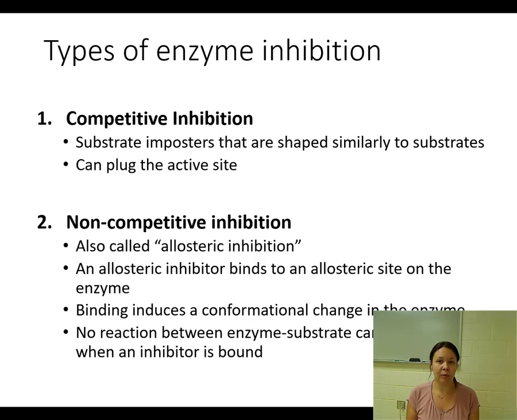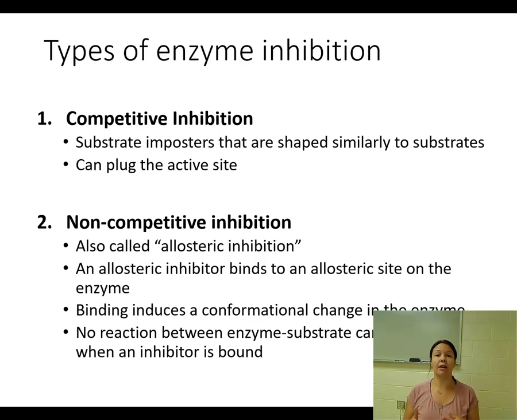It's kind of what's called a substrate imposter, and it isn't necessarily exactly the same shape, but it's able to fit into the active site of the enzyme. And because it fits into the active site of the enzyme, it actually plugs the active site, so the proper substrate cannot come in and bind.